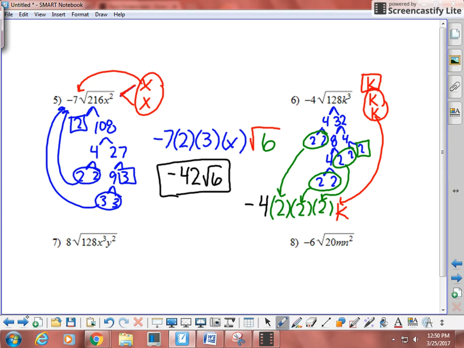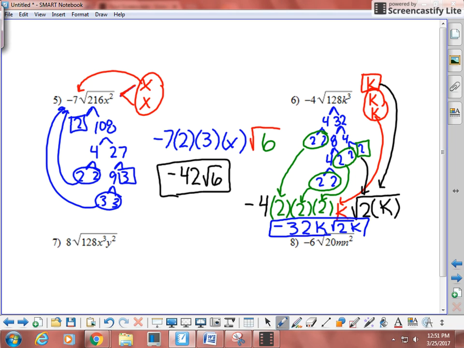Then inside of my square root are all my singles. This 2 is single. This K is single. So now it's just to put it all together. So 2 times 2 times 2 times 4. That's going to give me a -32K root 2K as my final answer.